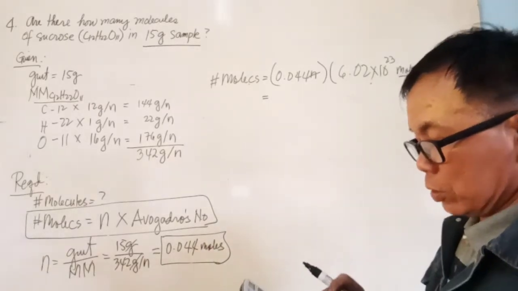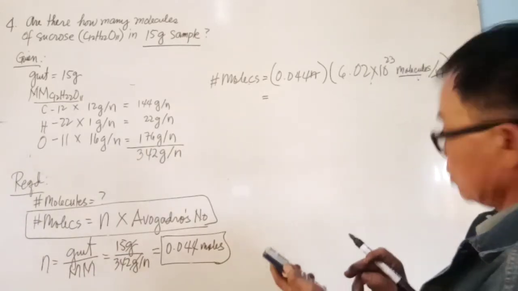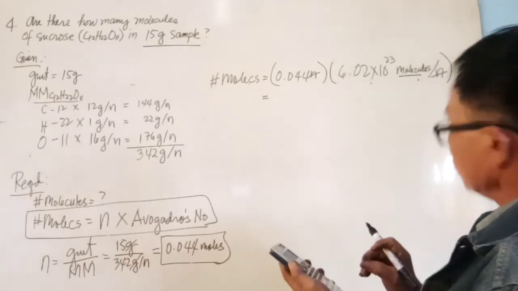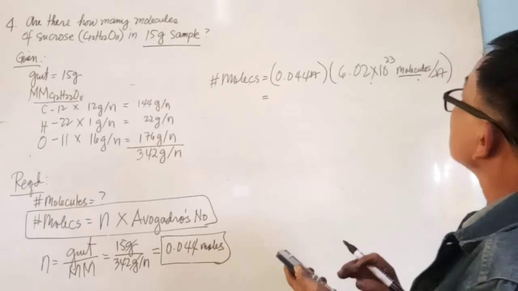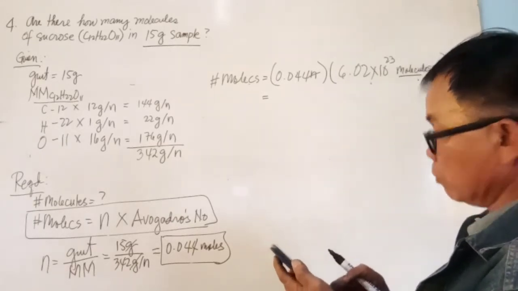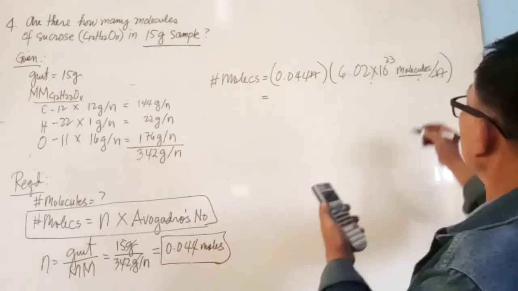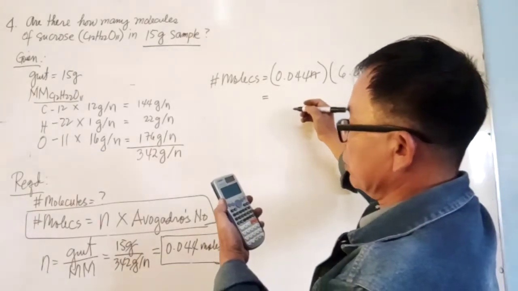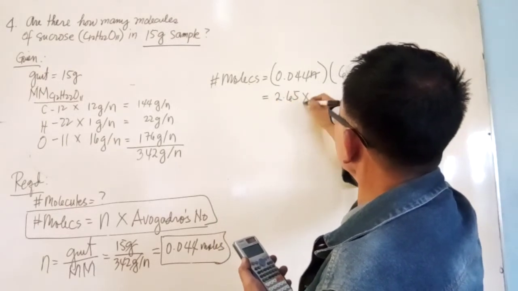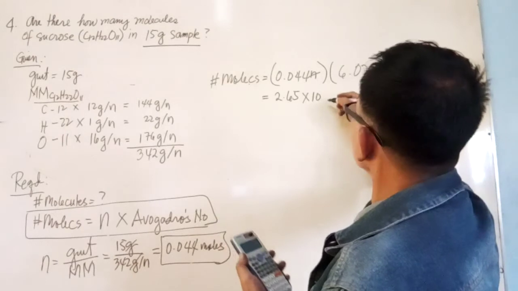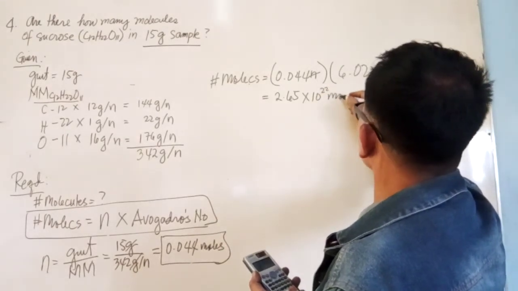So that would now be equivalent to 6.02 exponent 23 times 0.044. Okay, and you have now the value 2.65 times 10 to the 22nd molecules.